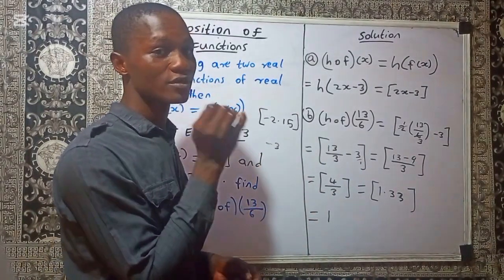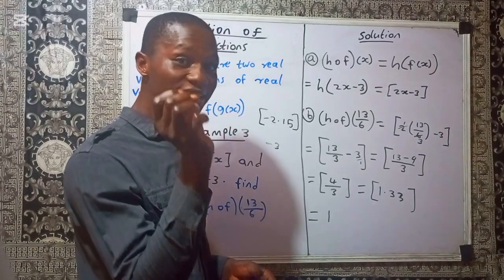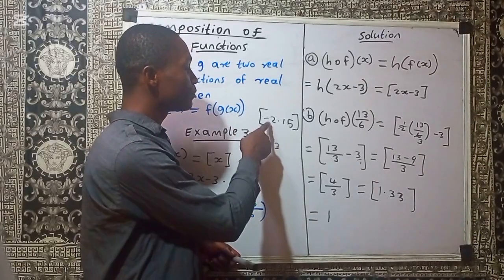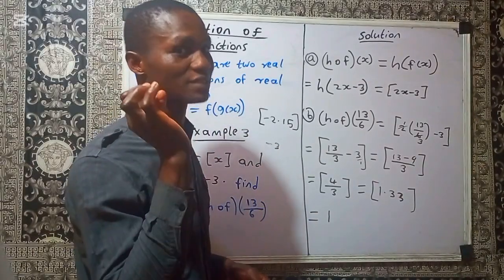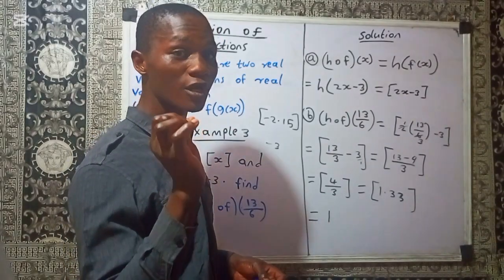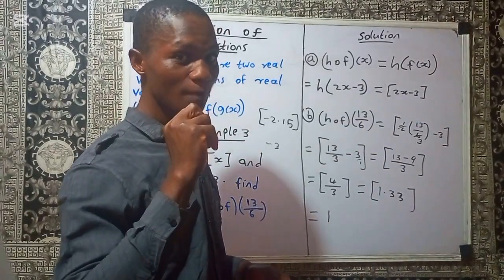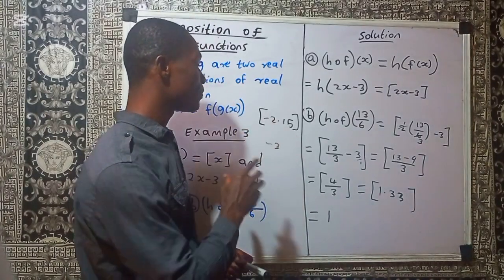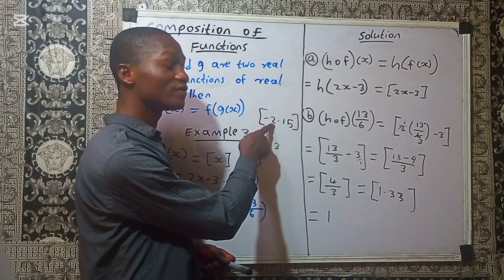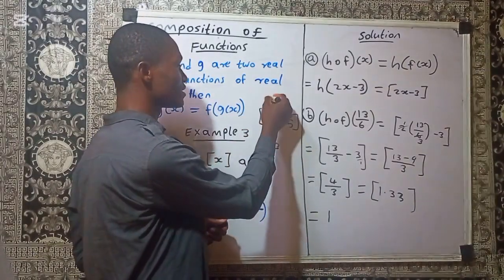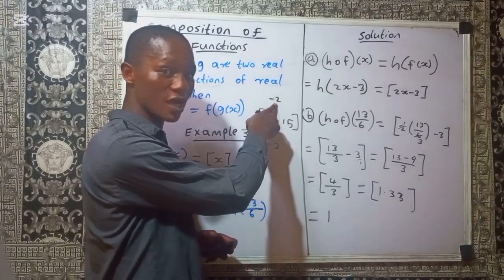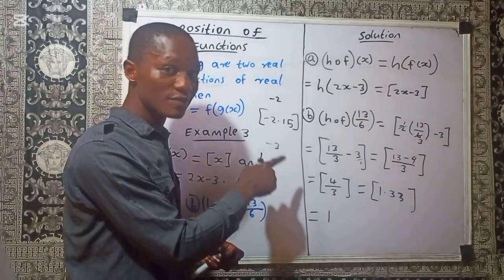So it is similar to the first one we did, but the only thing is that if you want to get the greatest integer of a negative decimal number, you are still going to remove the decimal part, but the answer will not be the whole number part directly. If it is negative, you are going to increase the negativity of the whole number part by 1. So increasing negative 2 in the negative direction by 1, you get negative 3.